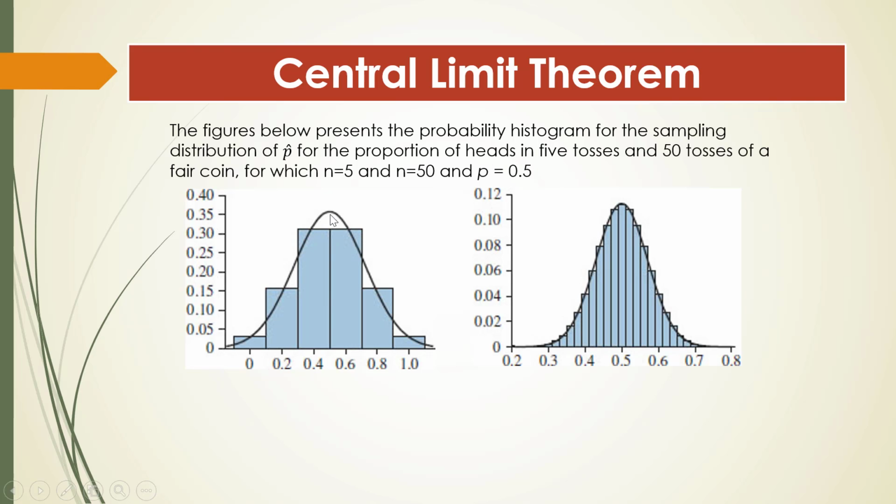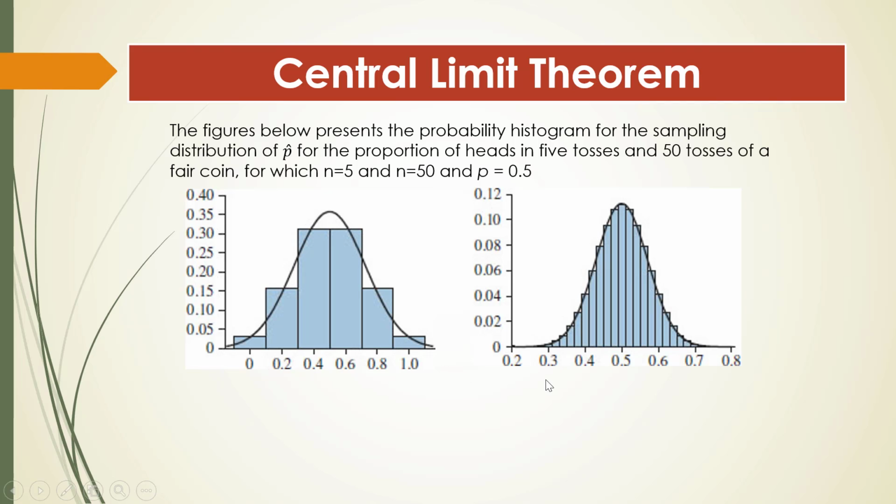So even when the sample size is 5, the histogram is still symmetric because 0.5 is equal to 1 minus 0.5. So suppose we choose a different value of p, let's say 0.1 or 0.4. The first histogram should be skewed, not symmetric.